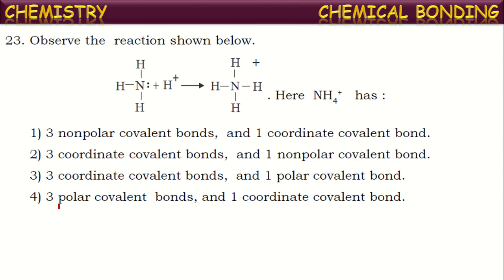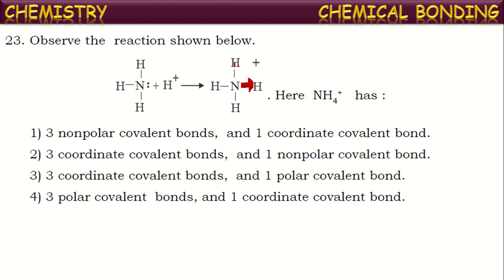Observe the reaction shown below. Ammonia and H+ ion combine together to form the ammonium ion. Here NH4+ has what kind of bonds? If you observe, initially in the ammonia molecule, one nitrogen is combined with three hydrogen atoms with three covalent bonds. When it combines with the H+ ion, it newly forms a dative bond.